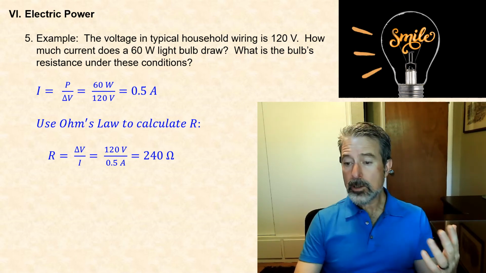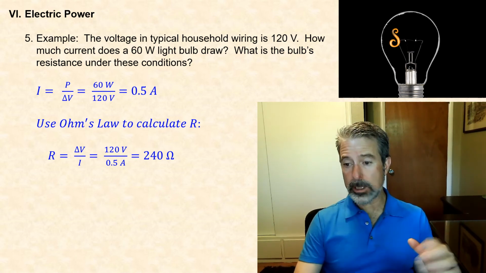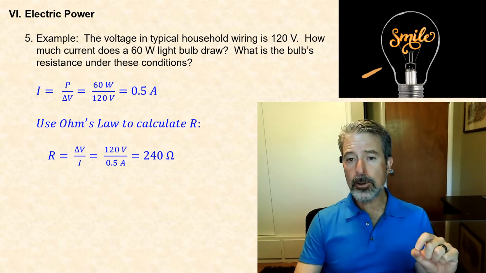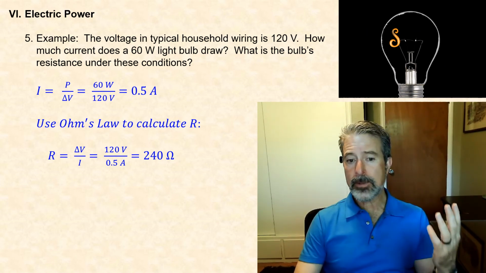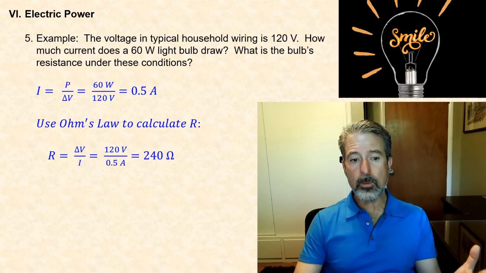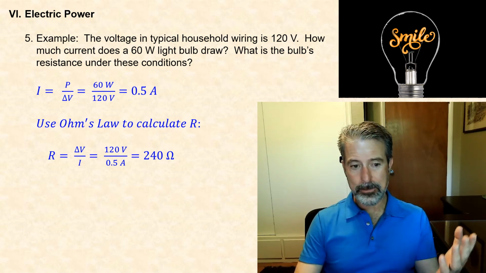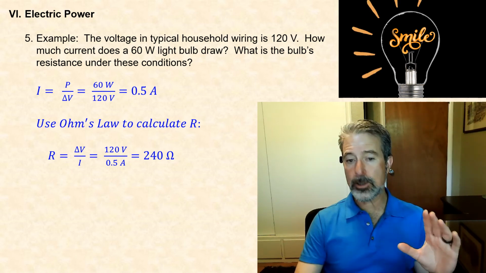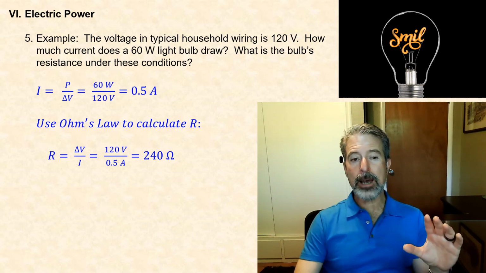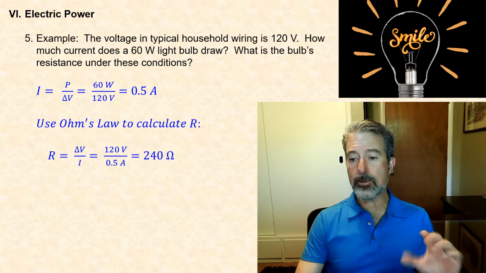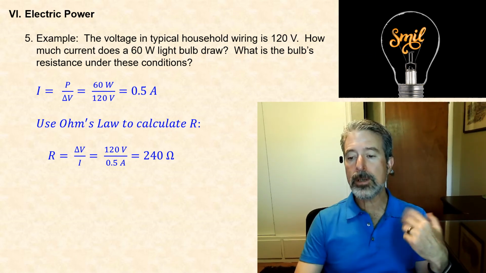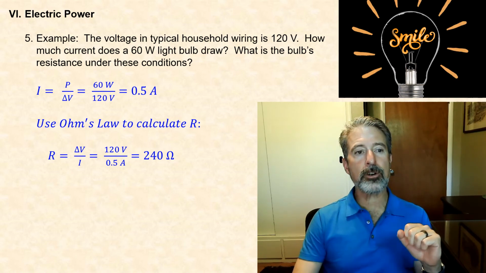So during that heating process especially, there's a huge change in resistance of that filament, in which case we are calculating a single value for resistance, which I'm saying is a little bit misleading. Maybe we think of that as an average value, but that resistance is going to fluctuate with the change in temperature.